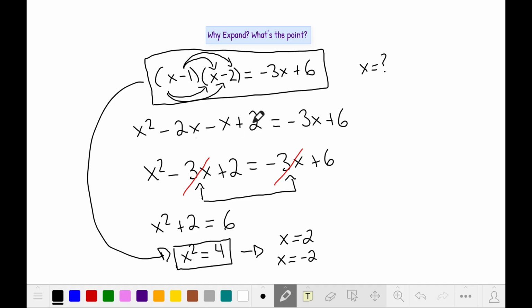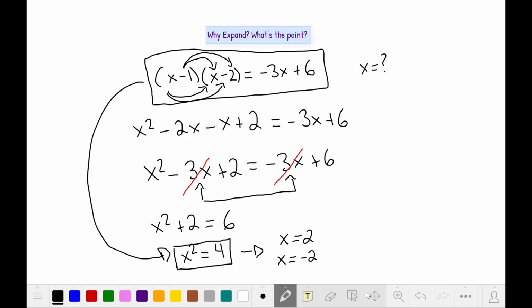And when you expand it out, you might be able to cancel stuff out, or you could group things together in a way that'll make it easier for you to solve. So if you ever find yourself in a situation where you've got a mix of terms on the left and the right, you can try expanding so that you can collect the terms together. And then from there, you might be able to get a really easy solution.